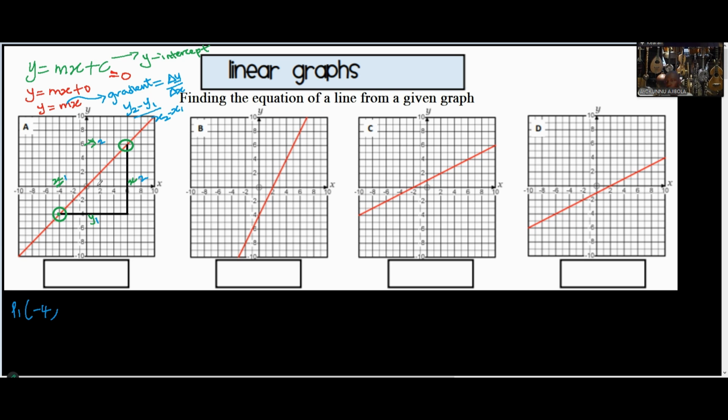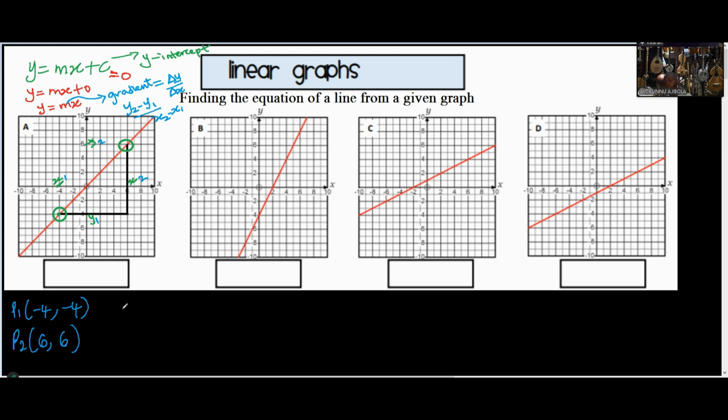What is y1? Y1 is also negative 4. Then what is for point 2? What is x and y? For the second point, x2 is 6, and y2 is 6, okay? So that is 6, comma 6. Are you getting that?